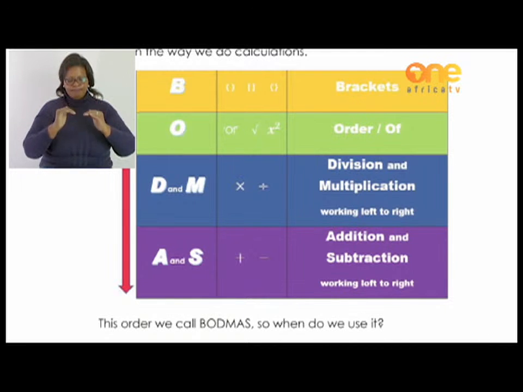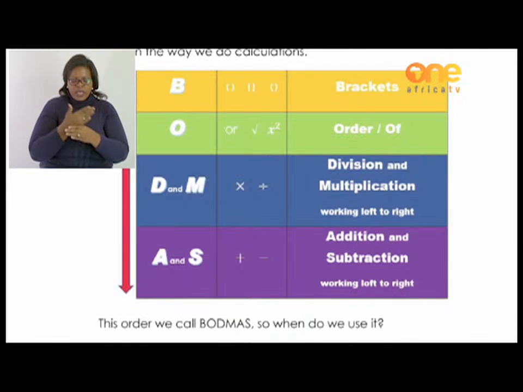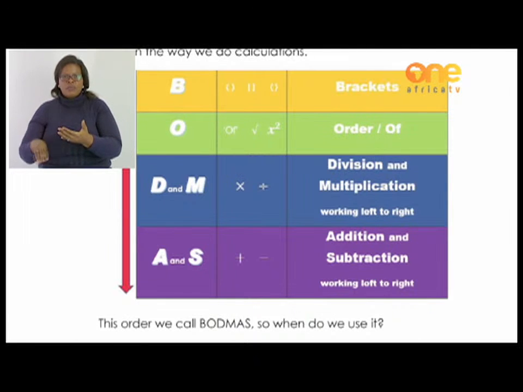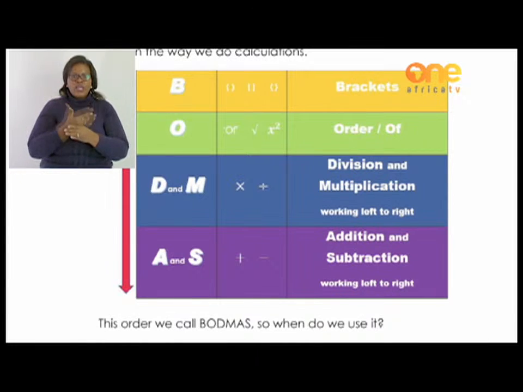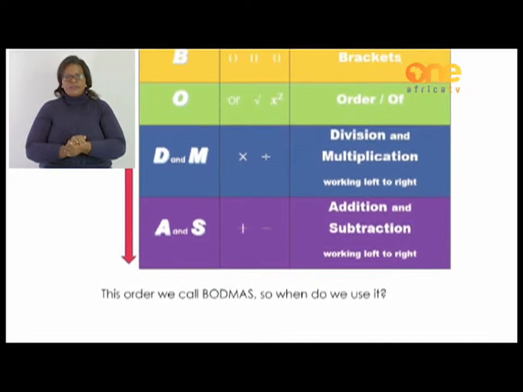Then D and M is for division and multiplication, working from left to right. Lastly, we do addition and subtraction, also working from left to right. So the order of operations is called BODMAS.